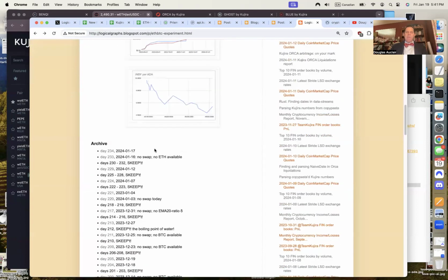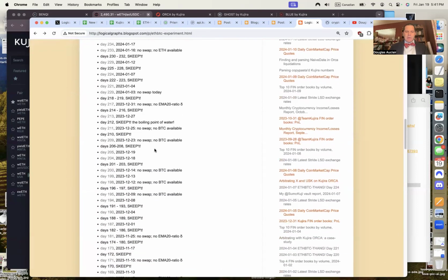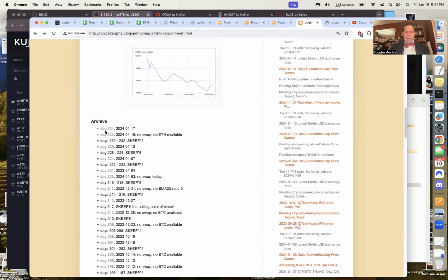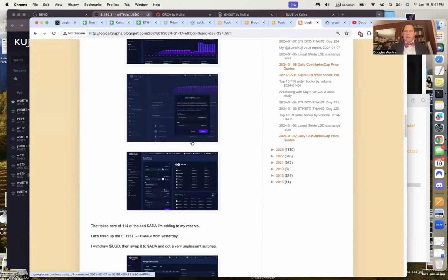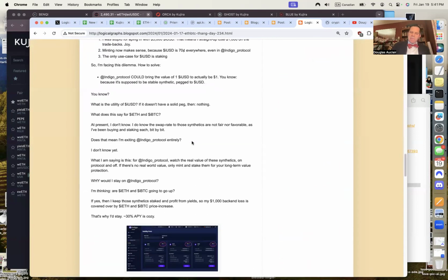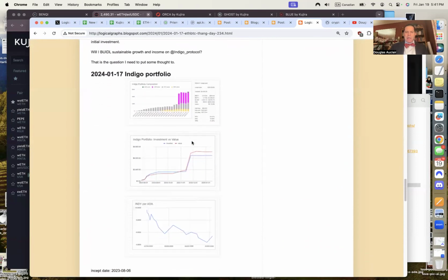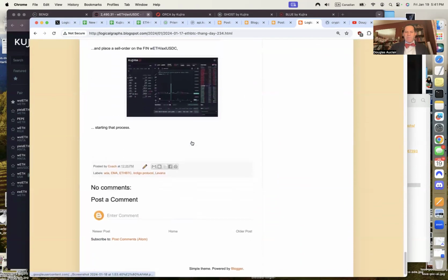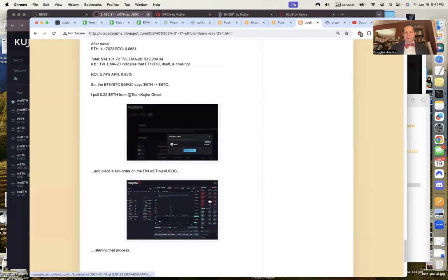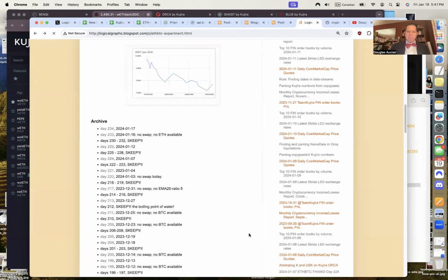And then I have the archive of the trades that I've done or have not done, depending on what the ratio says. So you can see what I did any particular day by going into the archive, and I explain my positions, I explain why I'm making a trade, and I explain the trade that's going on in progress, and then I review my portfolio, and you see the final comment is the trade that I'm doing.